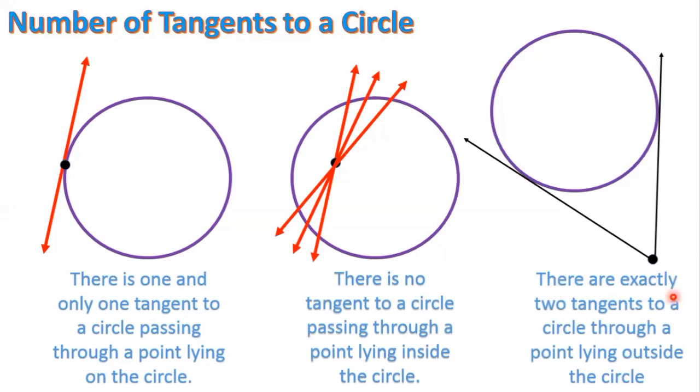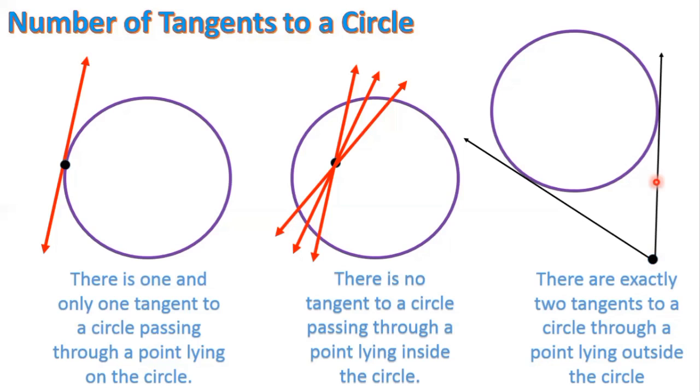There are exactly 2 tangents to a circle through a point lying outside the circle. On the circle, only one tangent. Inside the circle, no tangent. From a point outside the circle, 2 tangents. Remember these 3 cases.